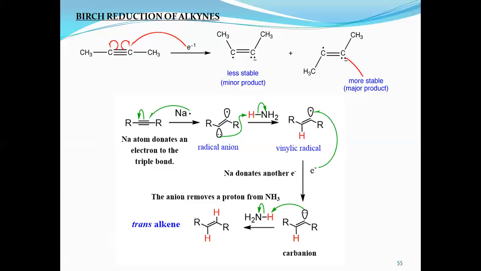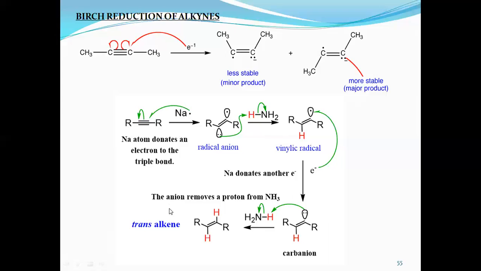As in the case of Birch reduction of aromatic systems, the first step of this reaction is one electron transfer, to the antibonding pi orbitals of this alkyne, which eventually yields a radical.